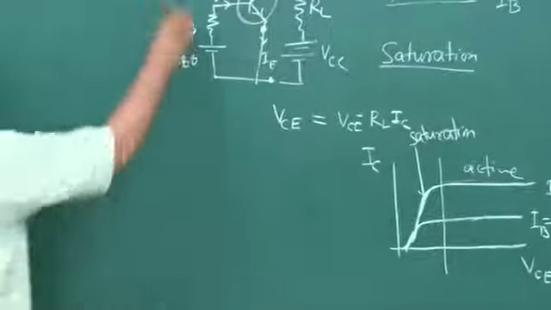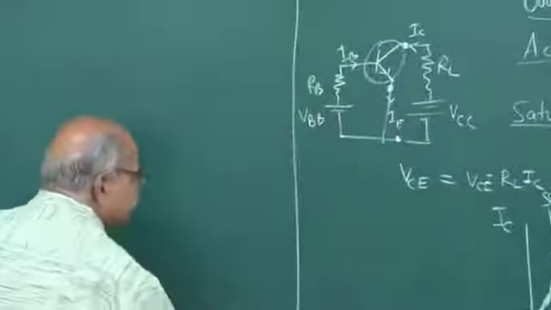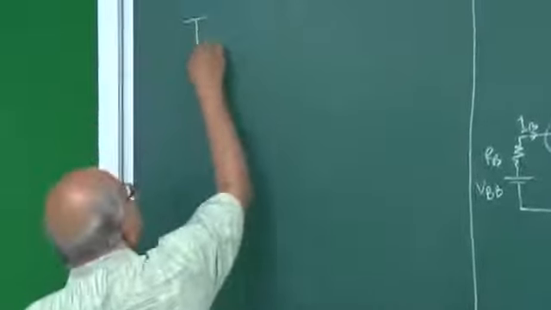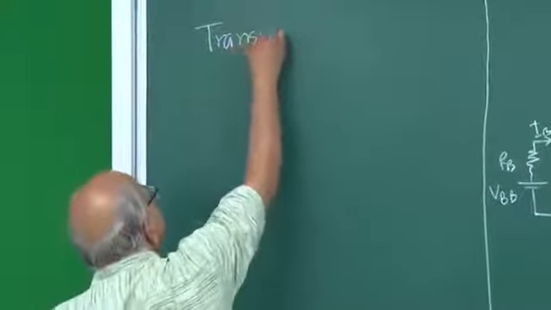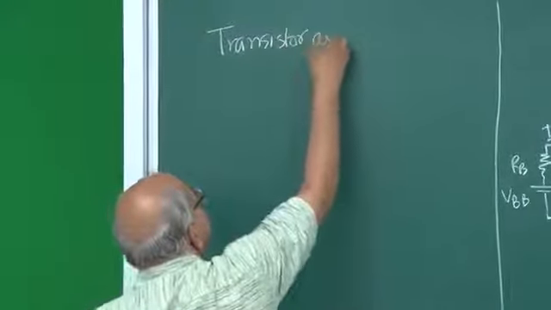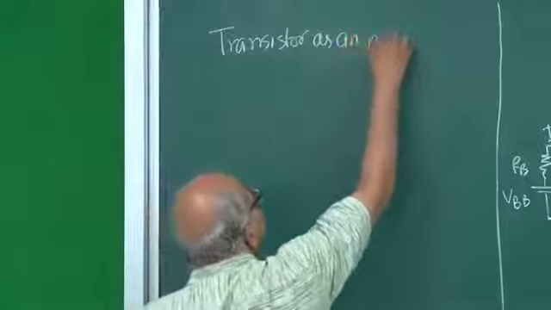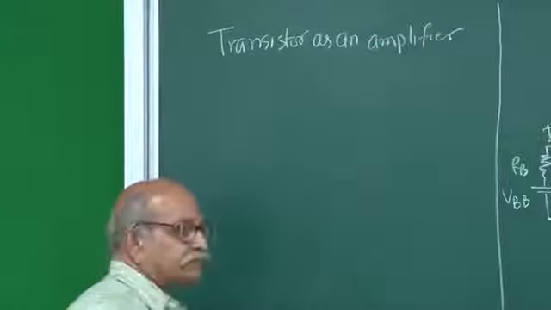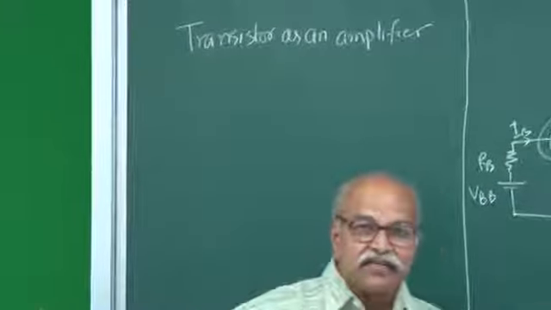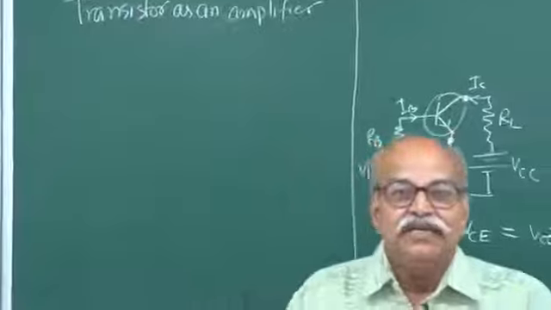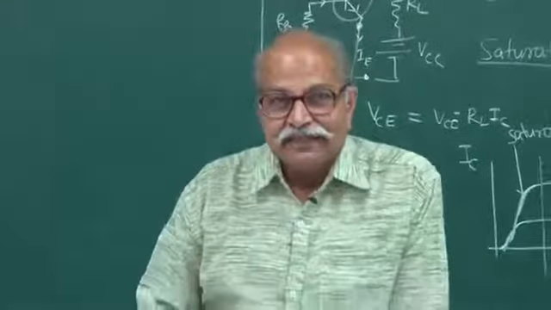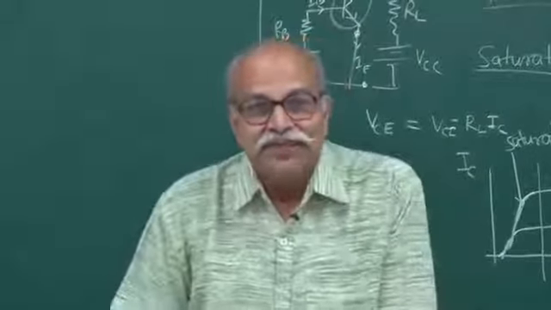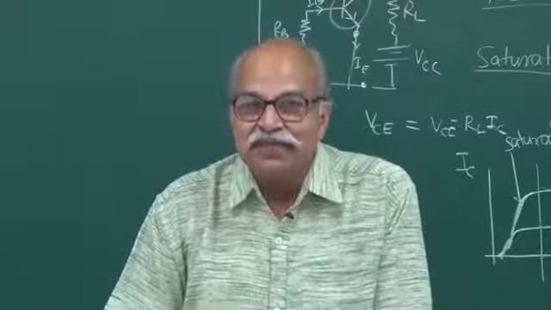Now based on this, let me start with an application for which the transistor is primarily known, and that is transistor as an amplifier. Amplifiers, you know, I am speaking, although I am trying to speak loudly, but it may not be loud enough to let 100 people or 1000 people listen to this voice.